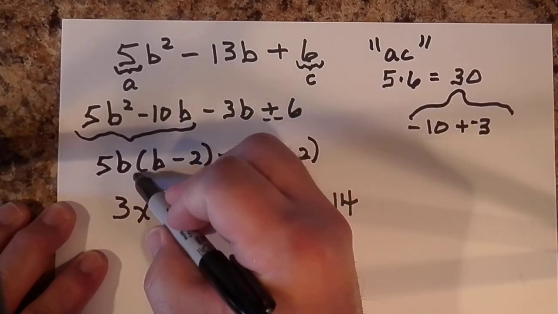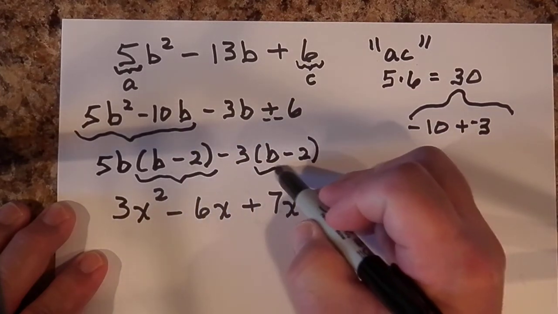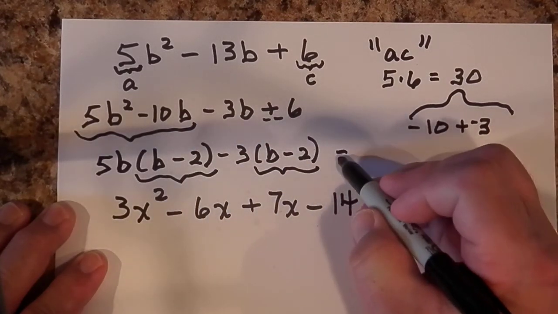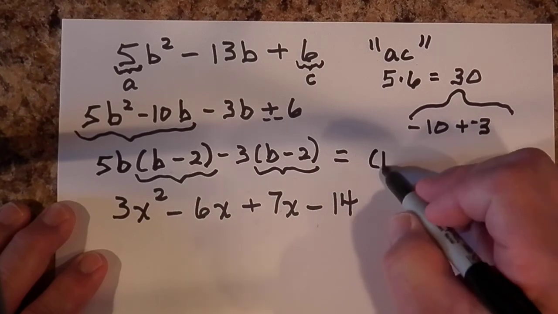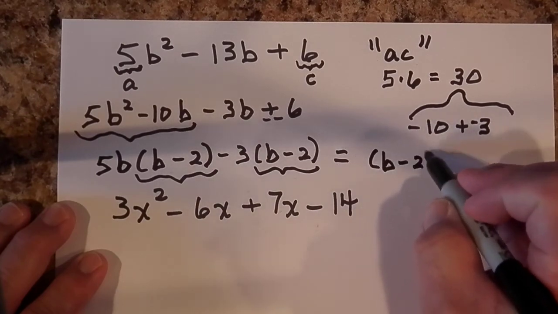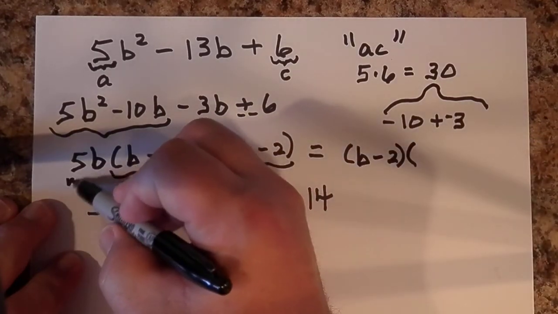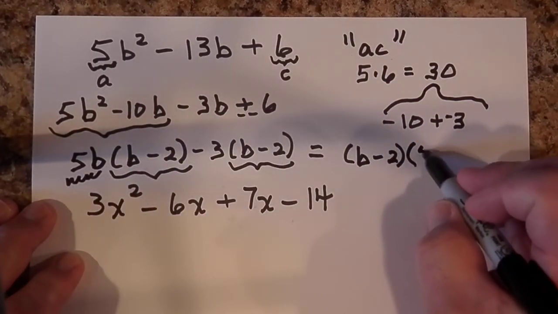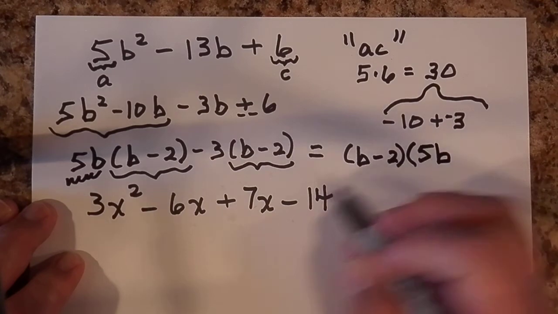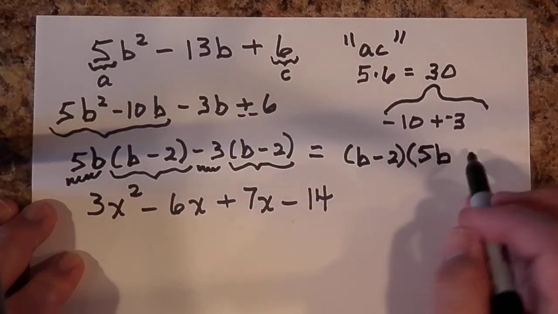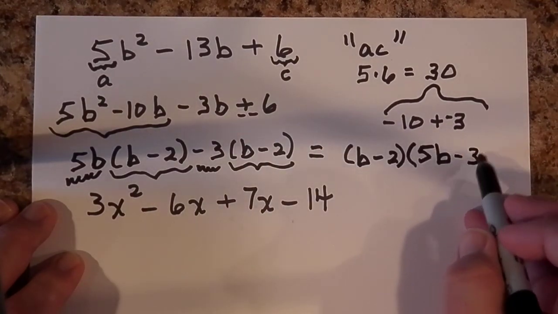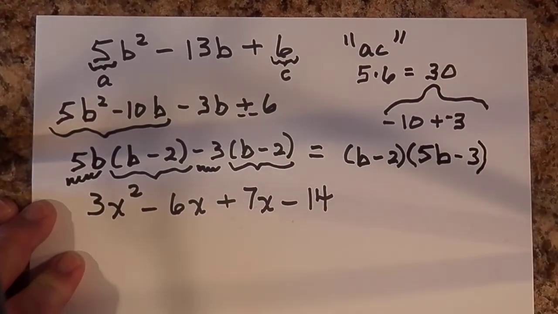And this is important because now these two binomials match, which means I can take this one step further and factor out that common b minus 2. And that leaves 5b and negative 3 as the completion of our factoring for that problem.